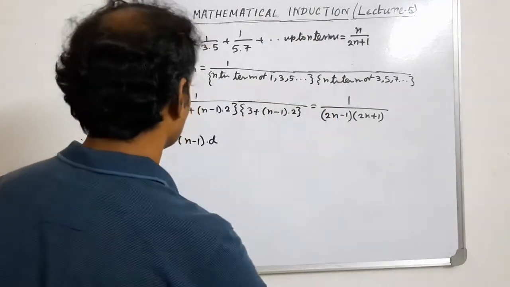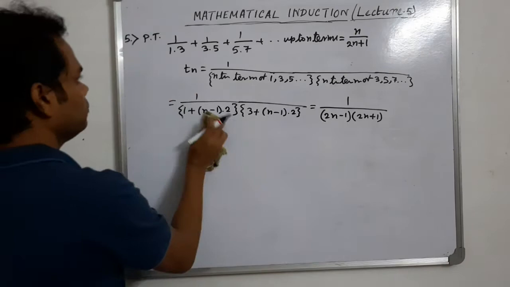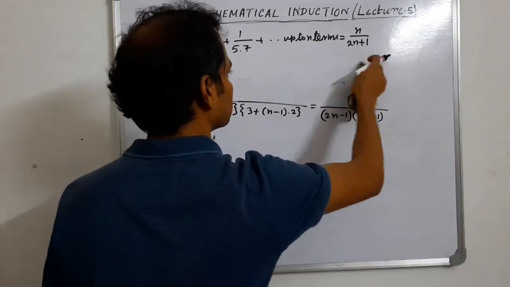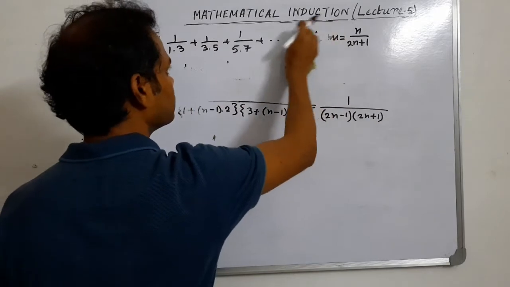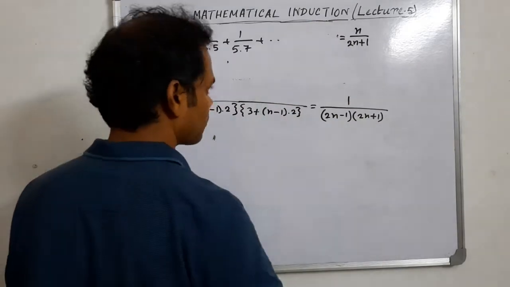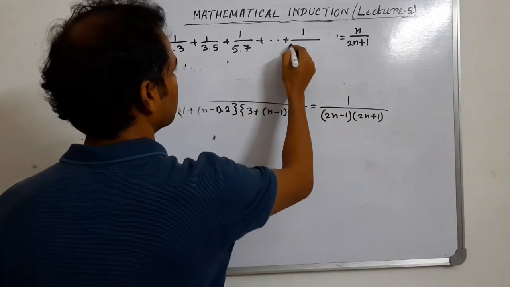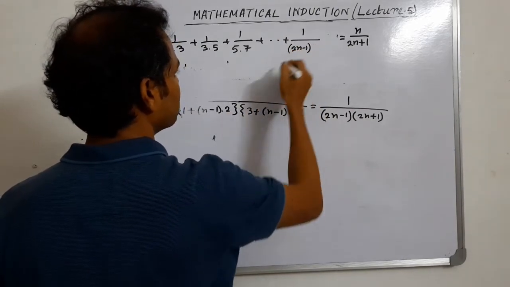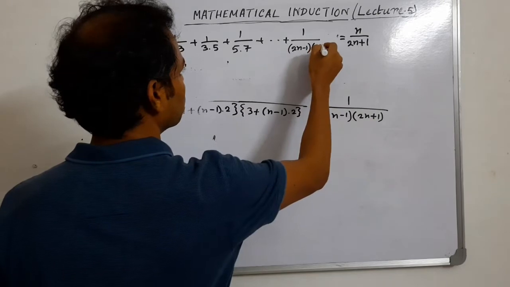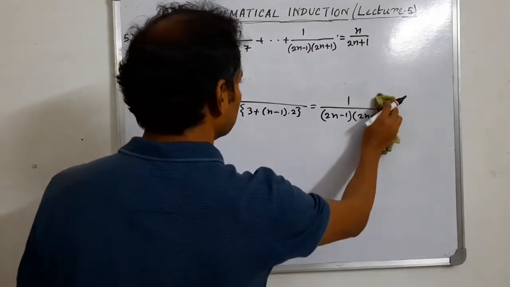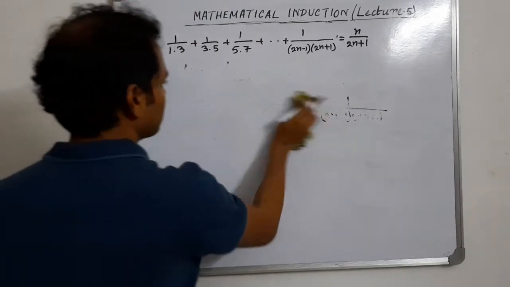So the nth term is 1 by (2n minus 1) into (2n plus 1). Then we proceed with the principle of mathematical induction.